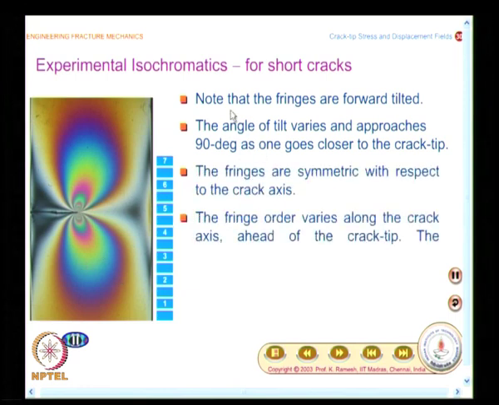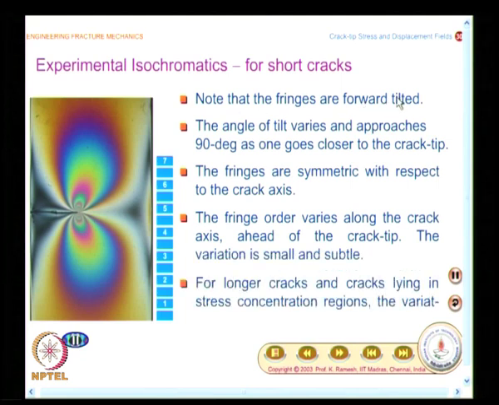First observation is that the fringes are forward tilted. This is one observation. The second observation is subtle, you have to view it properly. I can find out the maximum point of this, and this angle, the angle of tilt varies and approaches 90 degrees as one goes closer to the crack tip.